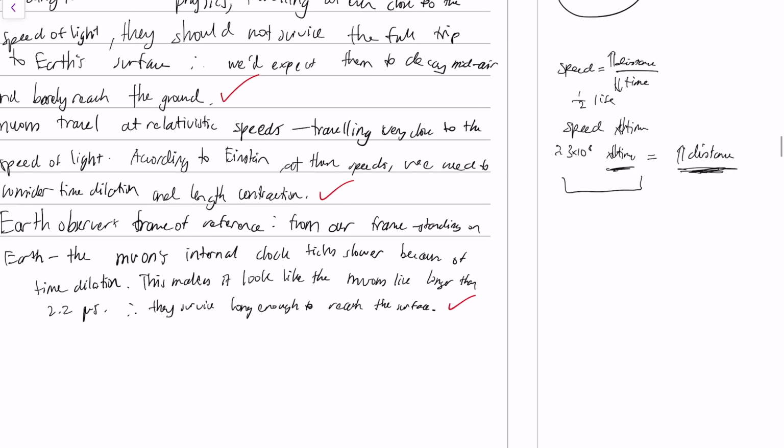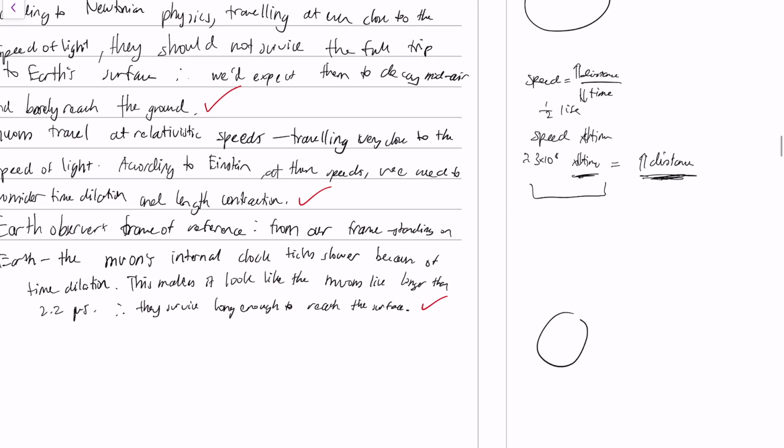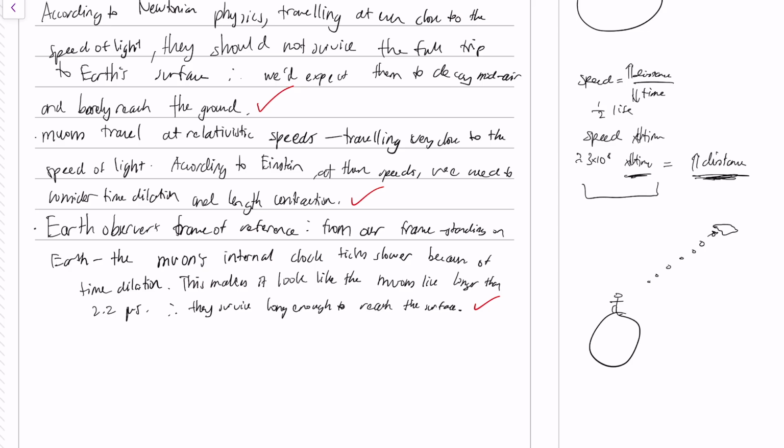Because if we are a stationary observer on Earth, this is us, and we're watching these muons come at us really, really quickly, we will observe a time dilation or increase in time for their survival and their travel towards Earth's surface.